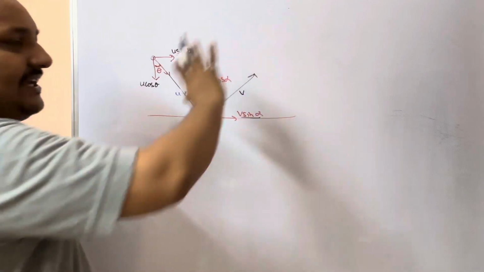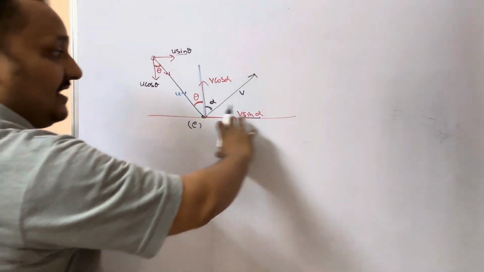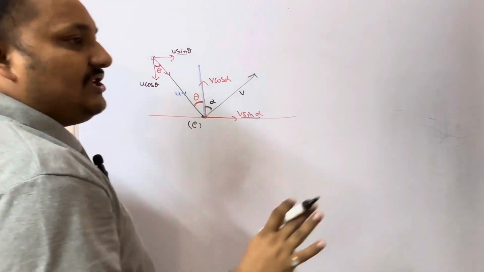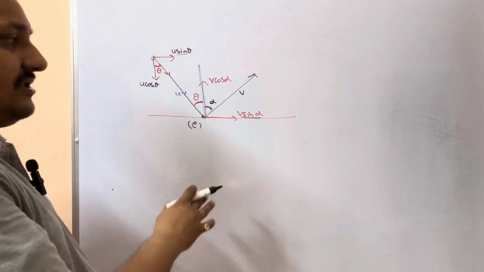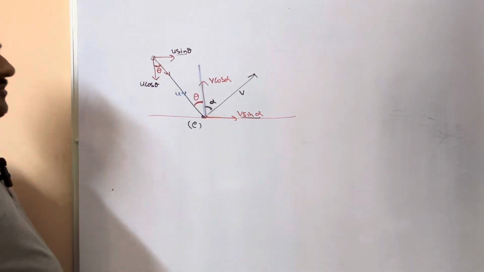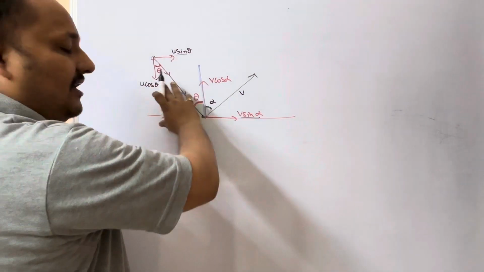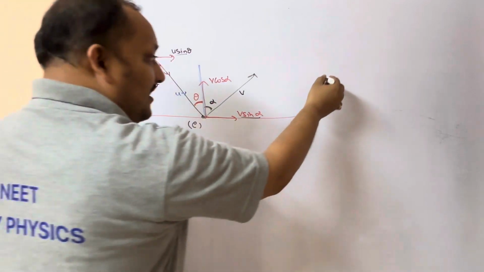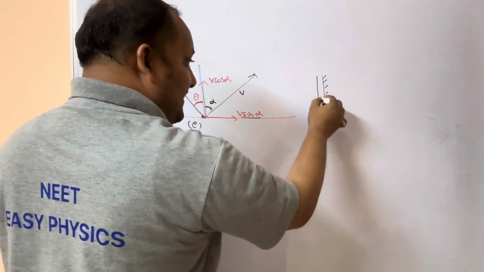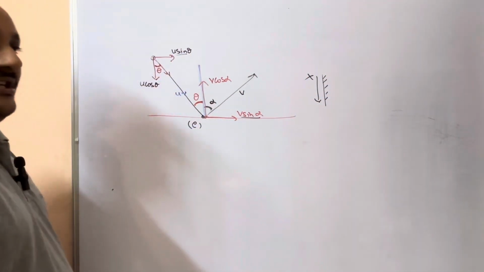In the horizontal direction, along the surface, there is no change in momentum, there is no change in velocity. We have discussed this many times in laws of motion. Along the surface, whether the wall is like this, or the ceiling is like this, in this direction there is no change in momentum.